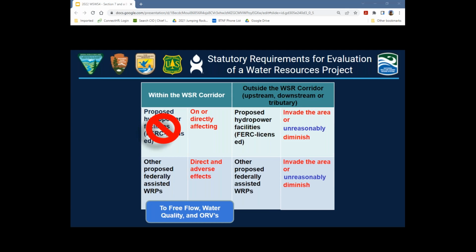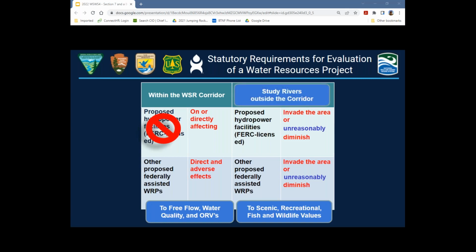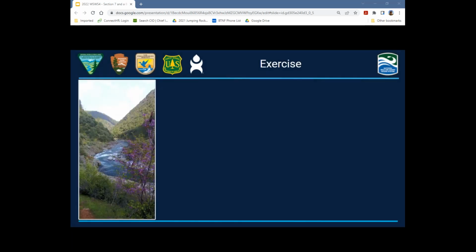The funnel we run that through would be much different. That would not be free flow, water quality, and ORVs. It would be scenic, recreational, fish, and wildlife values. And if we were to do that with a congressionally designated study river, that standard would change to invade the area or diminish, no unreasonably there. And it'd still be through scenic, recreational, fish, and wildlife values.